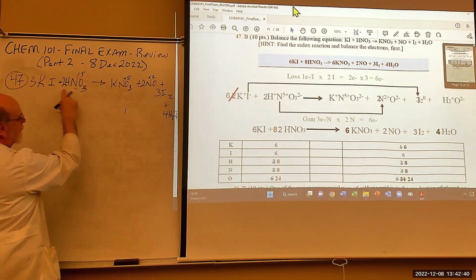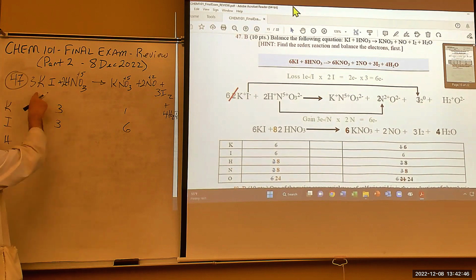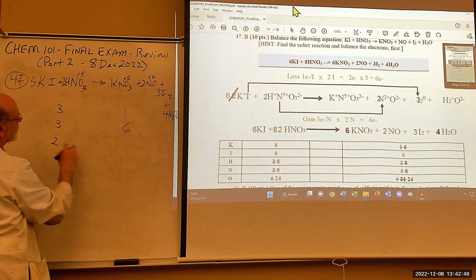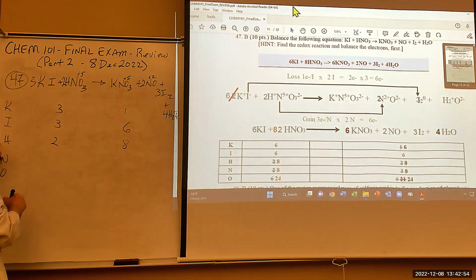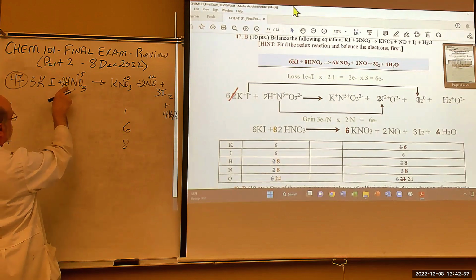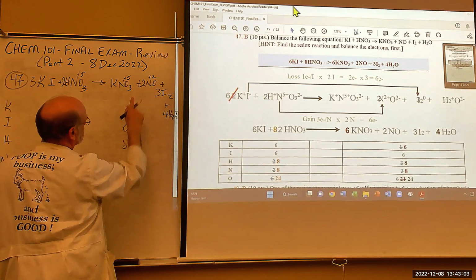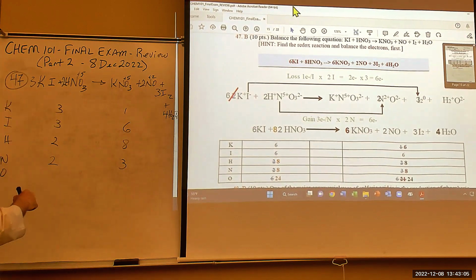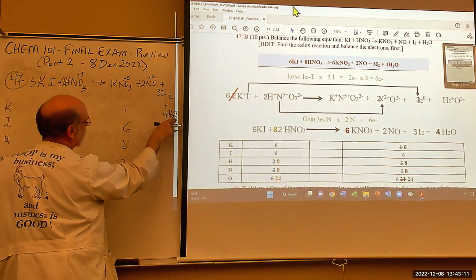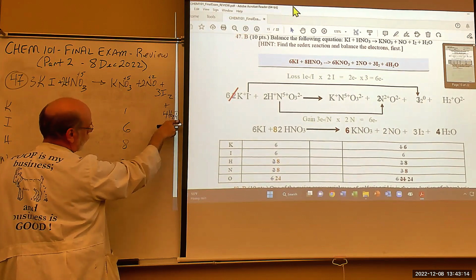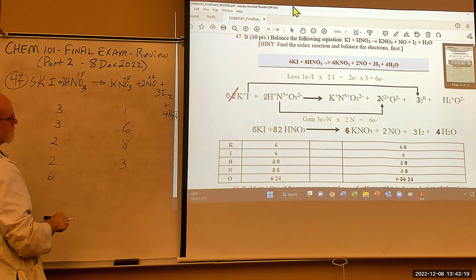Iodines: 3 iodines here and 6 iodines there. 2 hydrogens here and 8 hydrogens on that side. Nitrogens: 2 nitrogens here and 3 nitrogens on that side. And oxygens: 3 times 2 is 6, and we have 4 here, 4 oxygens, and 2, 6, and 3 is 9.